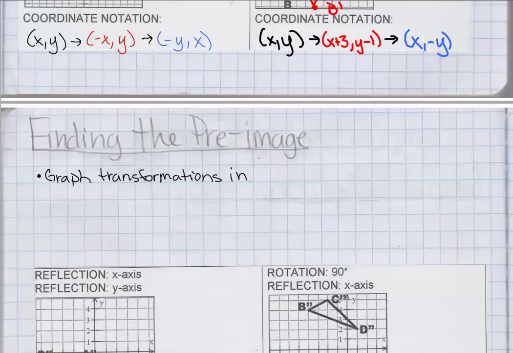So instead of going top down, you're going bottom up. And you're also going to do it the opposite way, unless it's a reflection. That is the only time that it won't be an opposite way. Reflections will just be reflections.